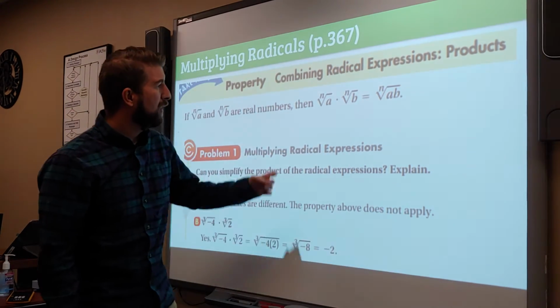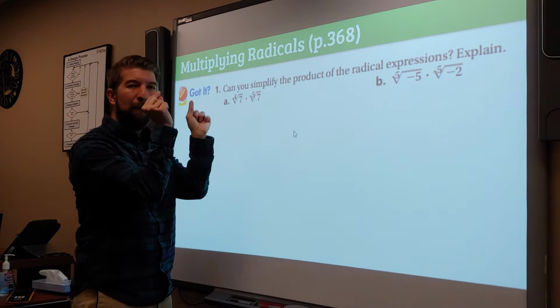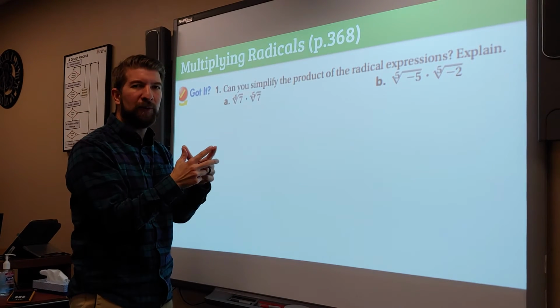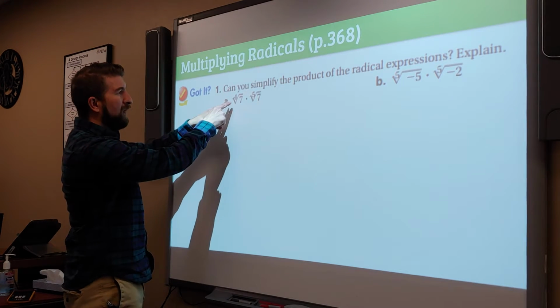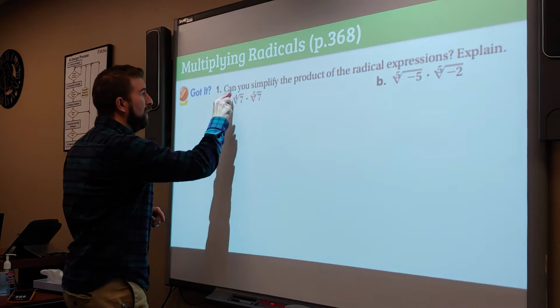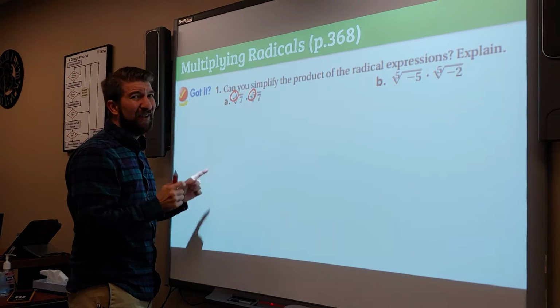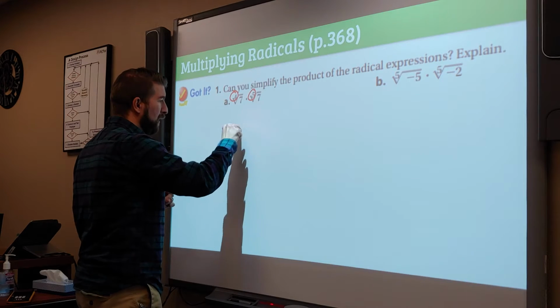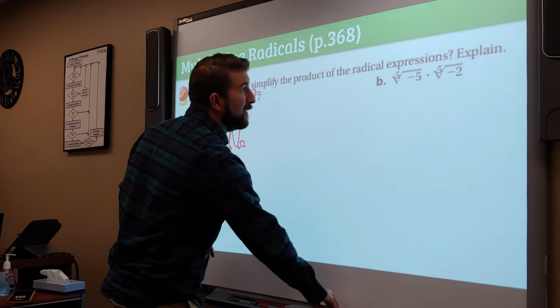Let's move on to another example. So remember, the key is we want to match the roots and then multiply the main numbers. So can we simplify this? We have a root of 4 and a root of 5. Those do not match, therefore we say no, we cannot simplify this.